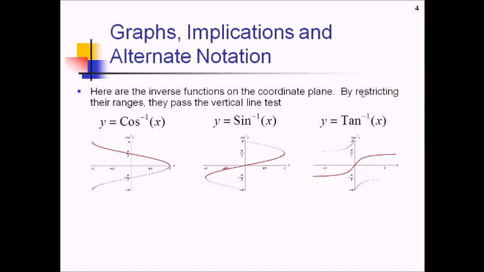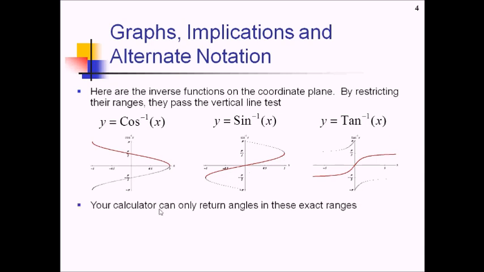By restricting their ranges, these pass the vertical line test. The red part of these graphs is the actual function part. This other faded dotted line is where the function would go if we did not restrict the output. So this would definitely fail the vertical line test if we didn't put that restriction on here.